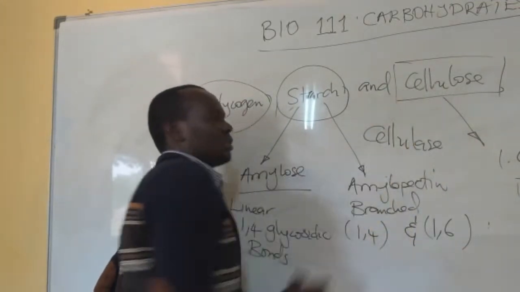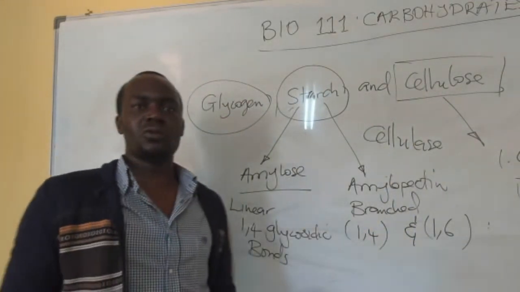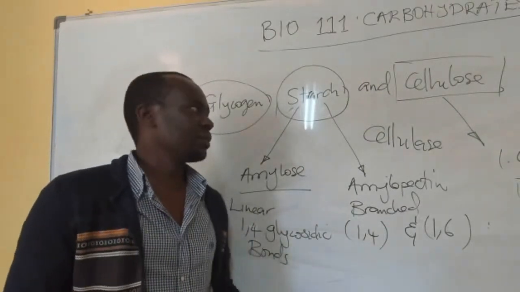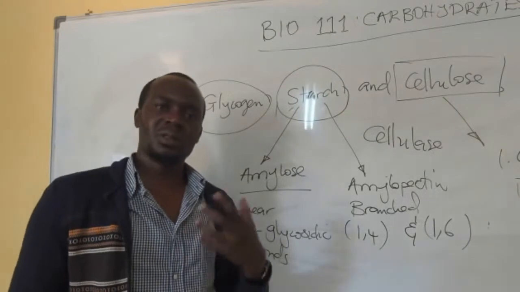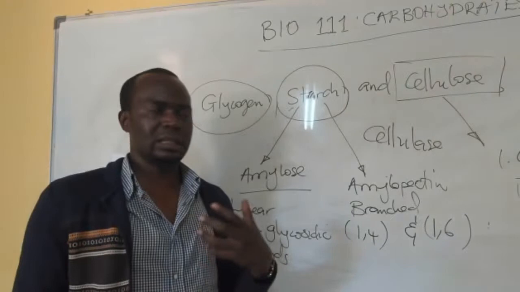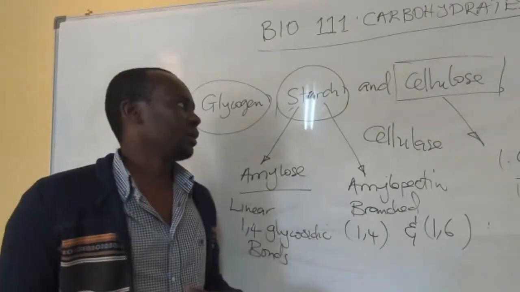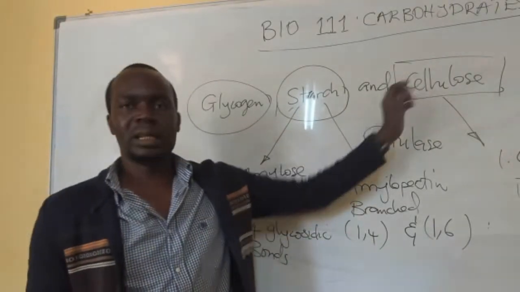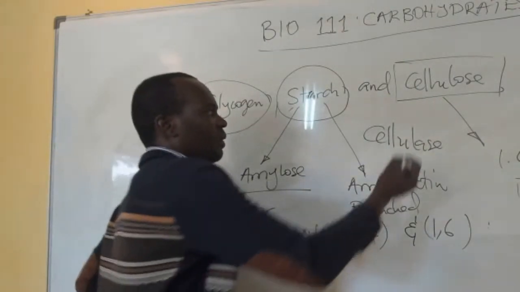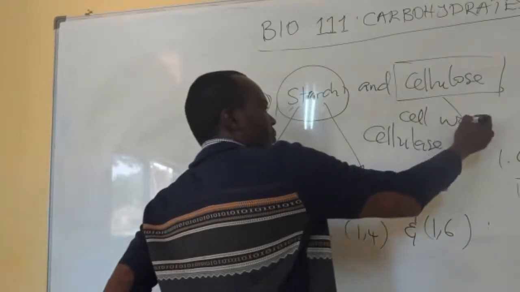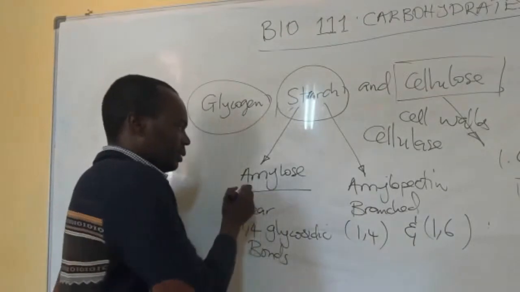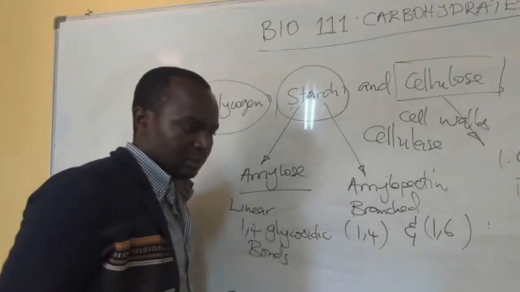So most of the times when your nutritionist advises you to take some fiber, some vegetables, the reason is that it's going to clean your intestines and your stomach, because it cannot be digested. Cellulose is usually found in the cell walls of plants, whereas starch has amylose and amylopectin.